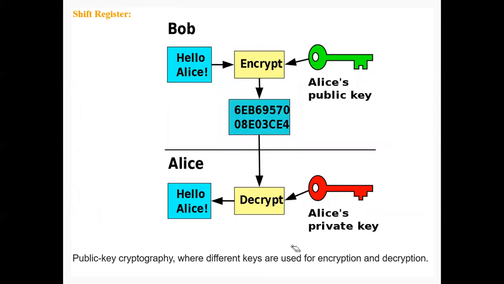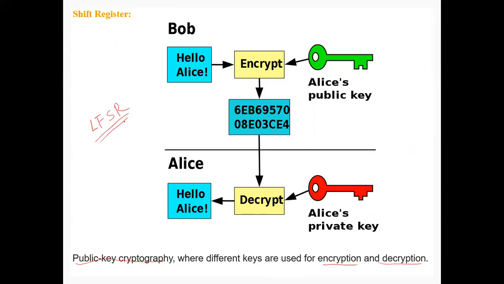All right, next, this is an example of cryptography, okay? This is one of the examples called public key cryptography, where different keys are used for encryption and decryption. As you can see here, they have used a linear feedback shift register.